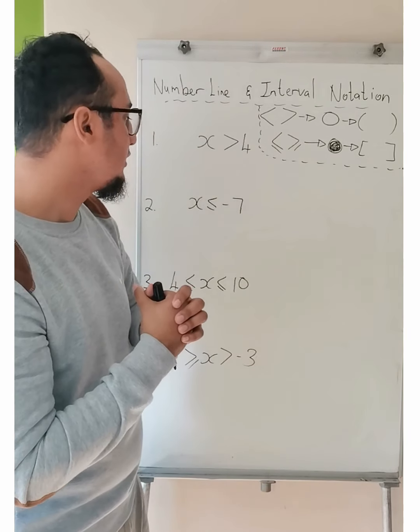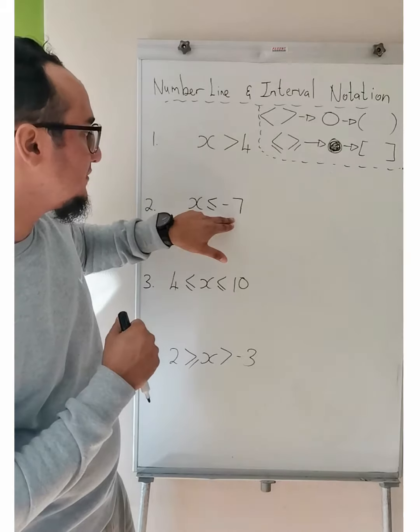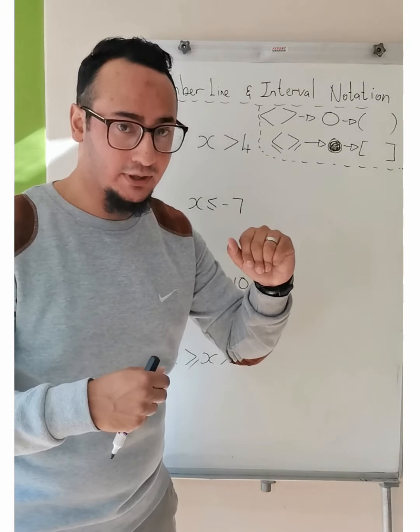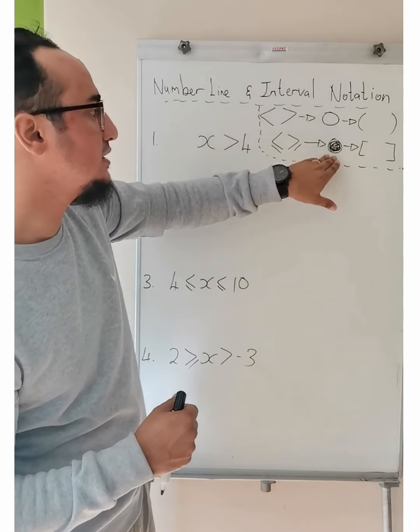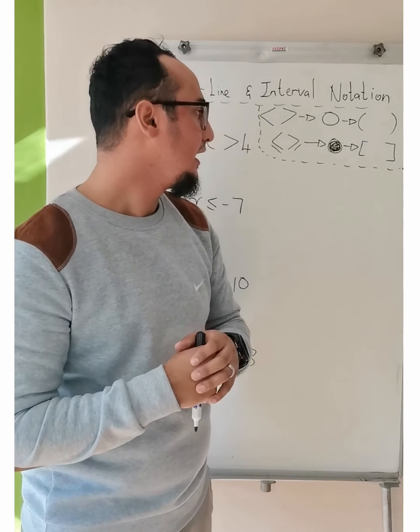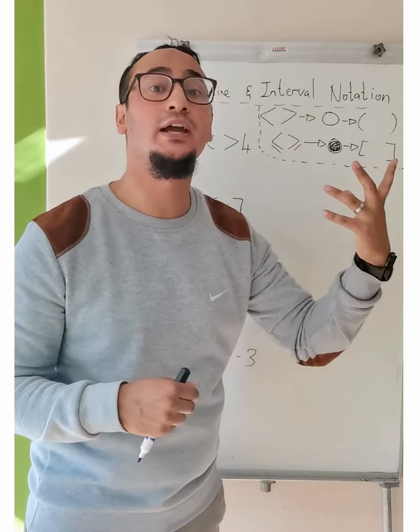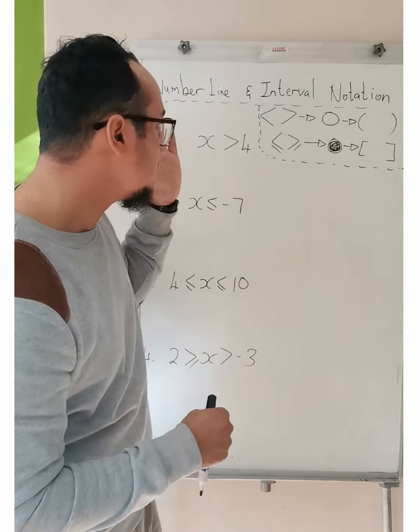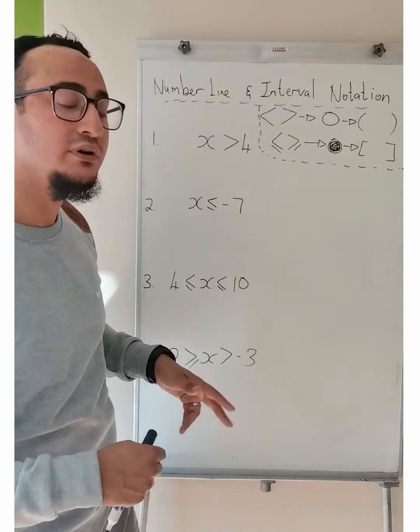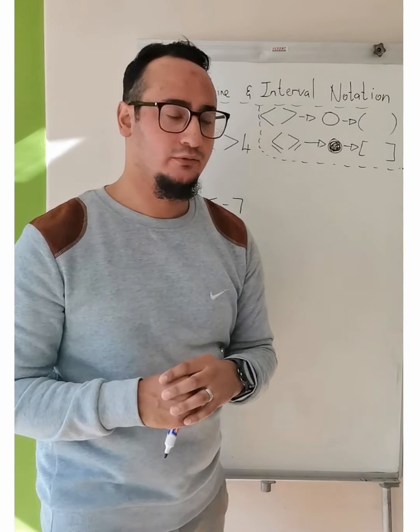For example, over here, -7 is included in my answer. And that is with a closed circle, a colored in circle, on the number line. Interval notation would be with the square brackets. Let's first do the number line of all four, then the interval notation of all four.